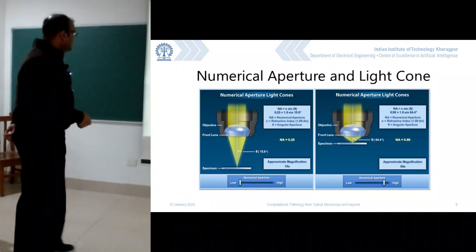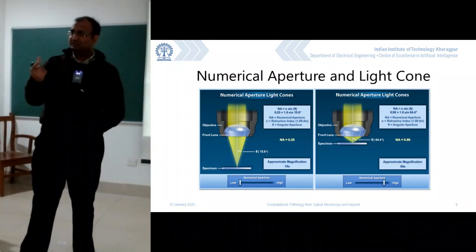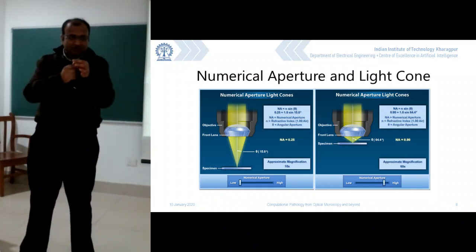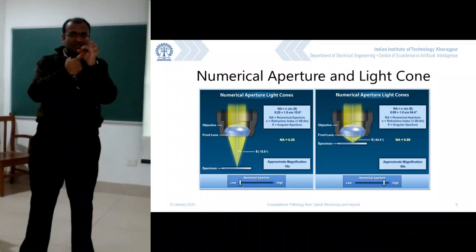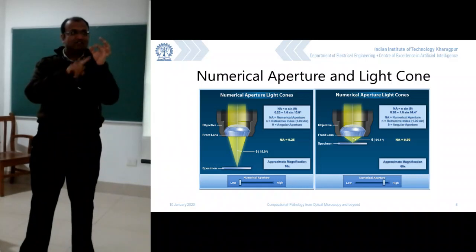But in a typical sense, this is also a ratio between the aperture of the lens, which is the beam width incident on the lens, and the distance from the principal plane of the lens to the focal length, and that's a constant number for any kind of lens.